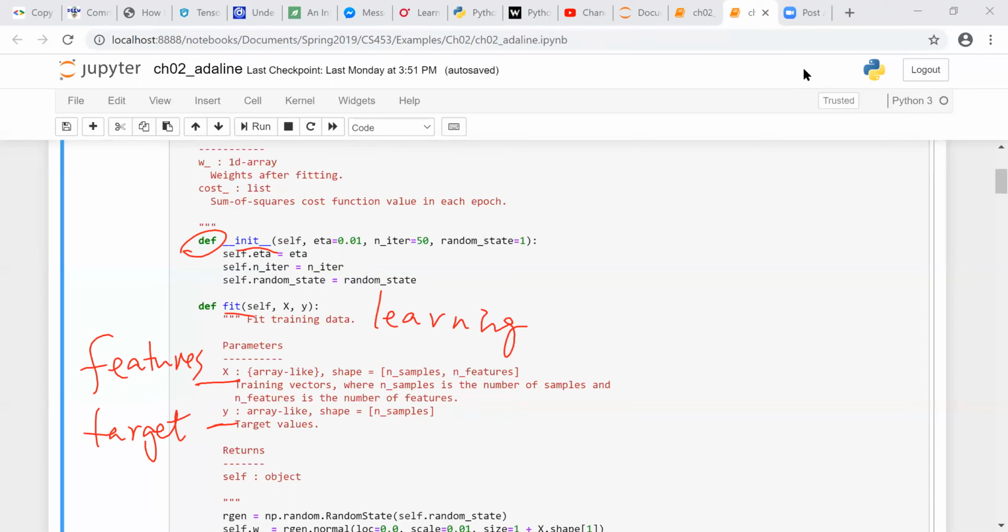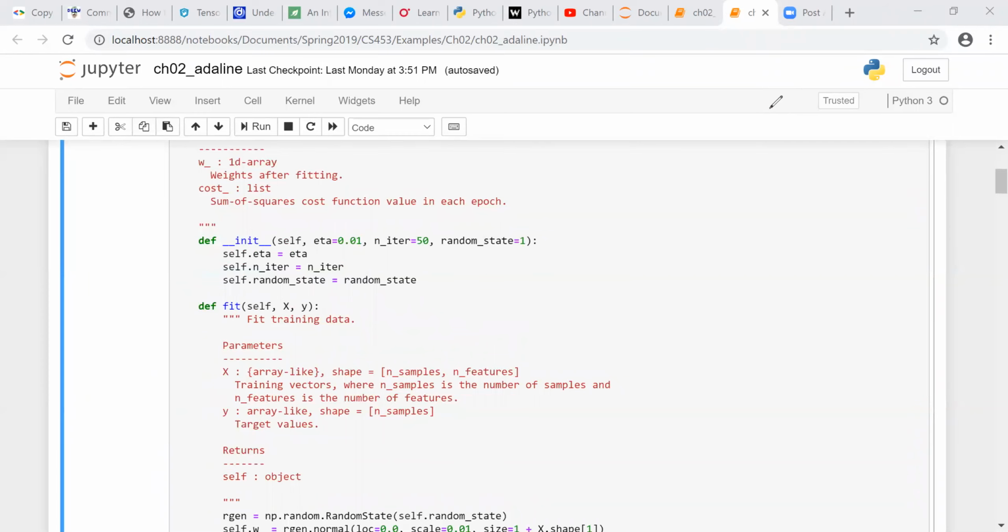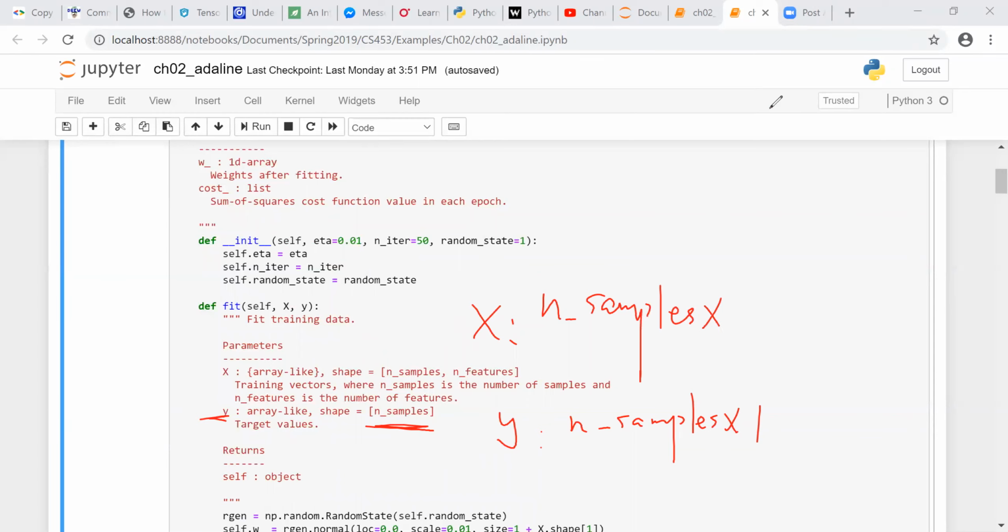Also be careful about the dimensions: y is n samples times 1, and X is n samples times n features. So that's the dimension.